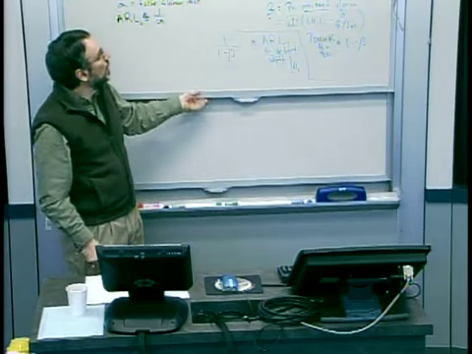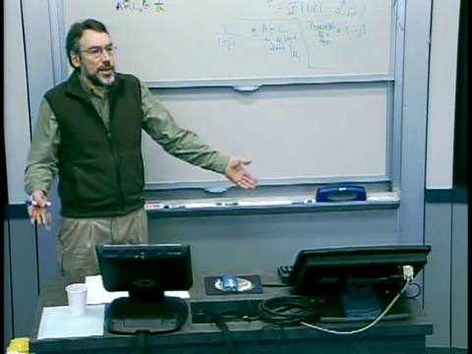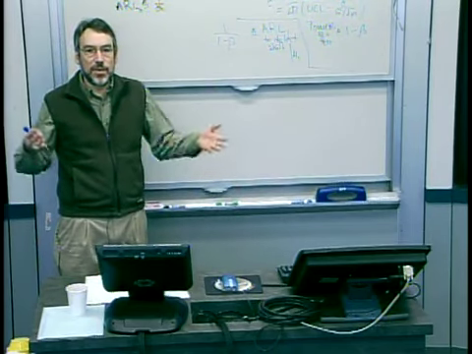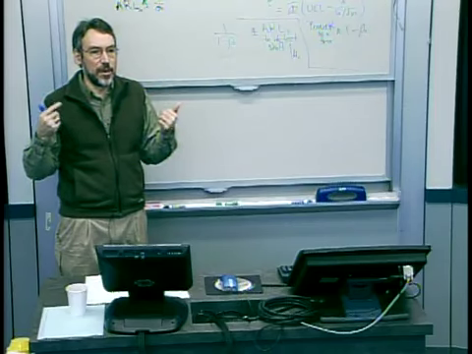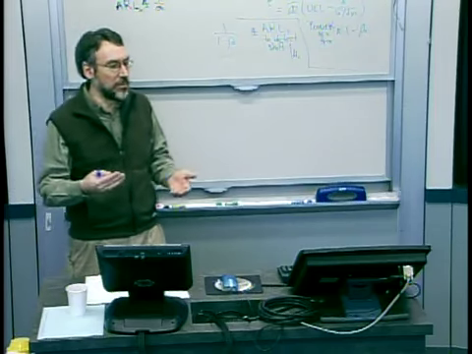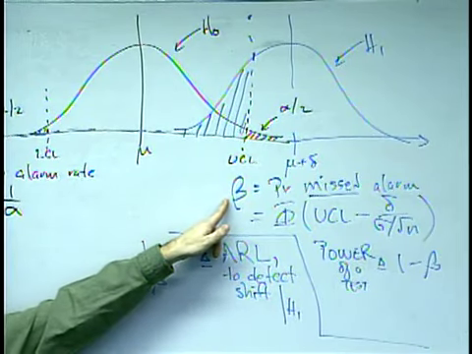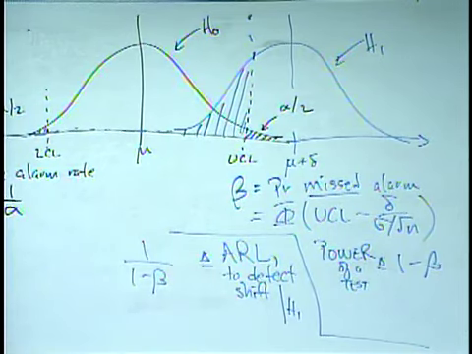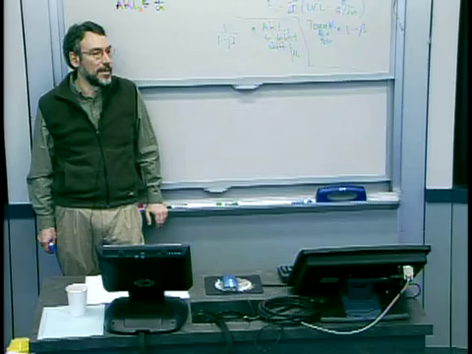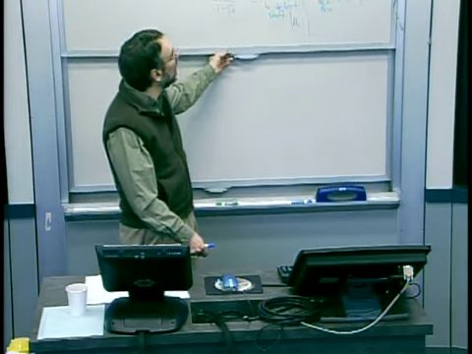Now, why would I change alpha? I'd change alpha based on a decision outside, on my acceptability of making a false alarm. How do I change beta? What if I say, it's taking me too long to detect a shift? I want it to take less time. Change n. So what changes when I change n?